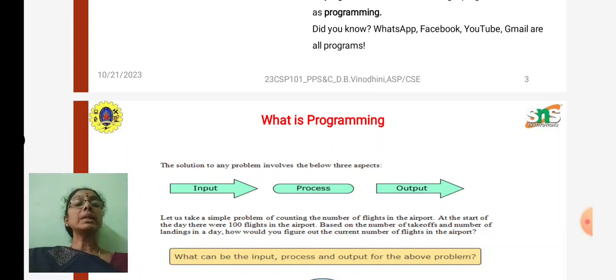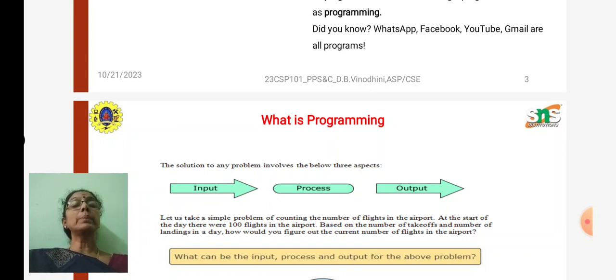For that scenario, we have to calculate how many flights are landing and how many flights are taking off. First, we have to understand the problem clearly. Based on the understanding of the problem, we have to check what the input is, what the process should be, and what the output of the problem is.